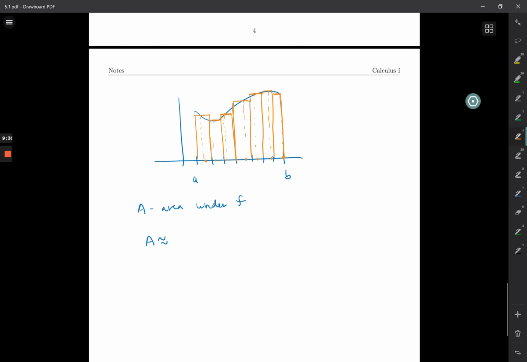This is going to be the sum of the areas of the rectangles. Starting with the first rectangle, let me label some of these points. So this is x1 star, x2 star, and so on. And in here we get xi star, so we would just continue labeling.